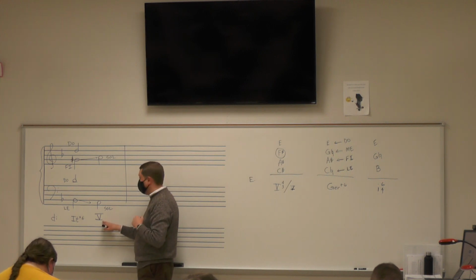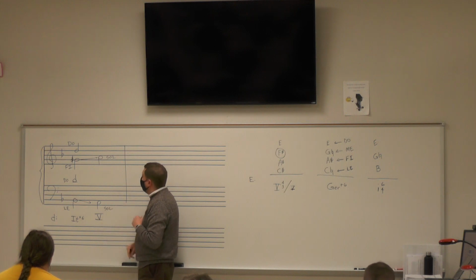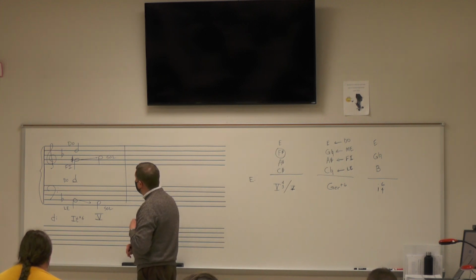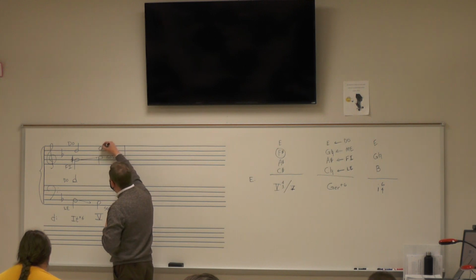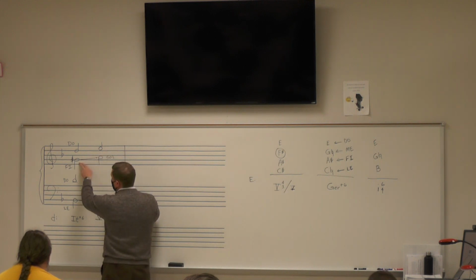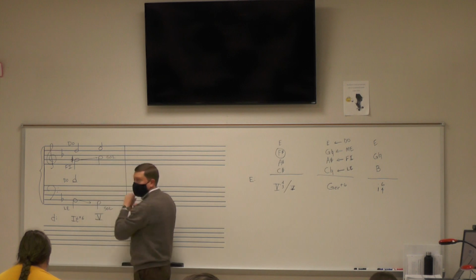Now I just have to fill in the remaining notes for my 5 chord. Well, I need a C sharp. I need an E. Where would you put it? I could really do any one in any of the voices. If I put an E in the top voice, is this parallel fifths right there?